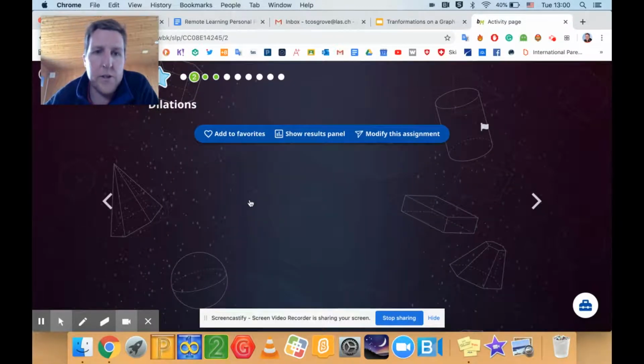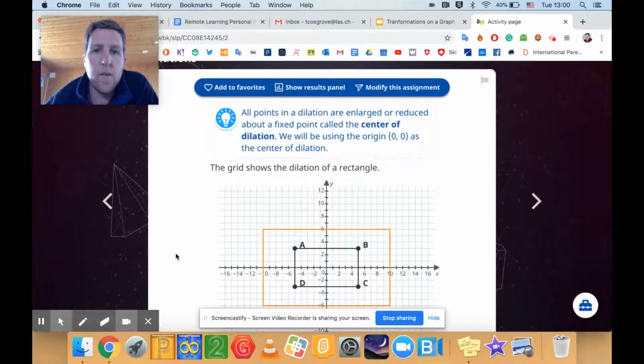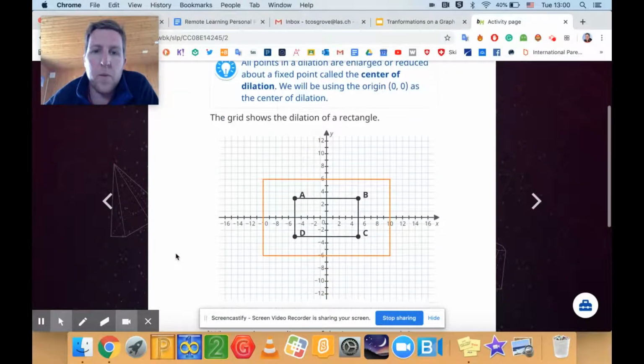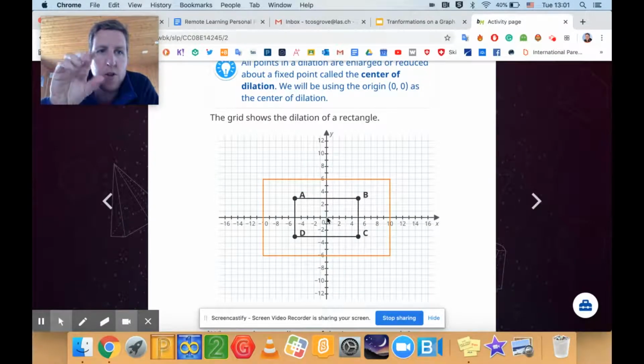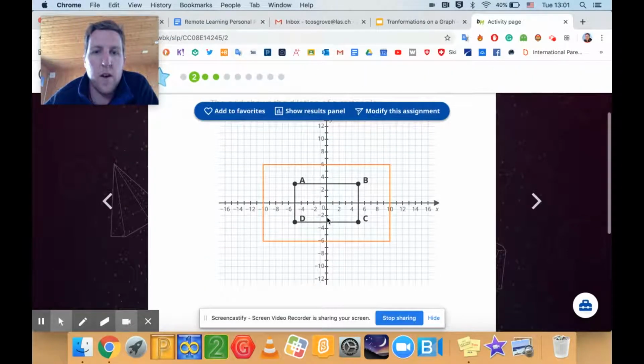So on page 2, it's just loading a bit. We're always going to be using the middle as our center point, and then we're going to enlarge from there. It's asking us what are the coordinates of the orange rectangle on the outside.